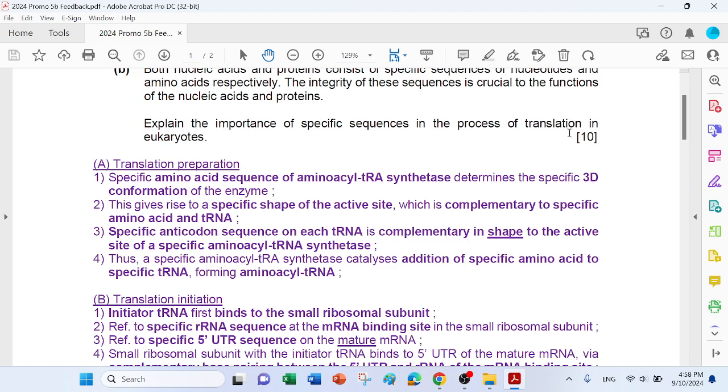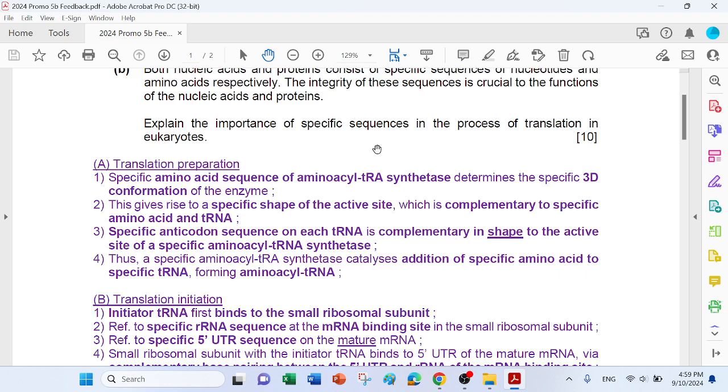Next, right? Next boundary or focus of the question is specific sequences, importance of specific sequences. So you should, in your thinking process, identify what the specific sequences are, give some description of what they are, and then explain how these specific sequences are important during translation.